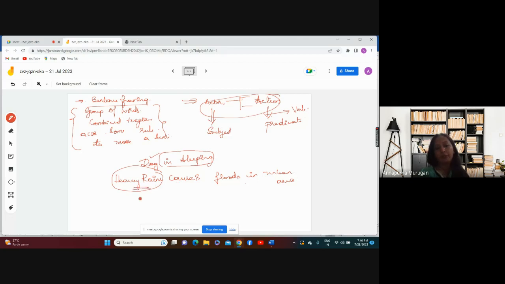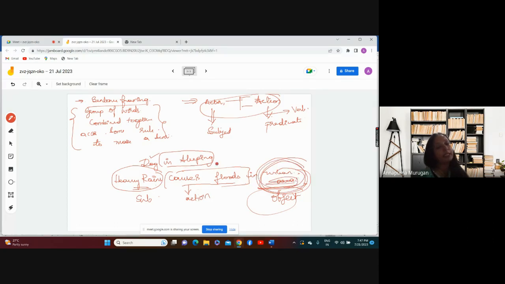Heavy rains is the subject, and "cause" is the action, the required action. Floods is the object, where it is causing the effect, the one affected by the action.